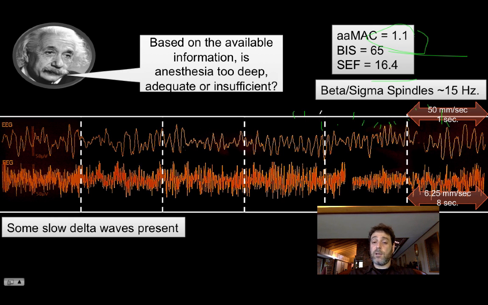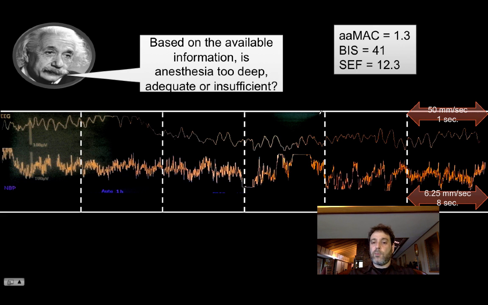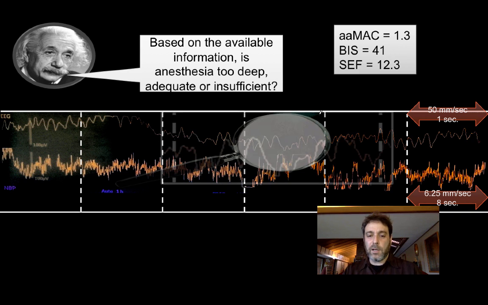So this is the same EEG that I showed you earlier, but now I blew up a segment with a magnifying glass, and anesthesia is adequate or on the lighter side. And then at 1.3 Mach, again, the same image that I showed before, but now I'm going to blow up again with the magnifying glass.